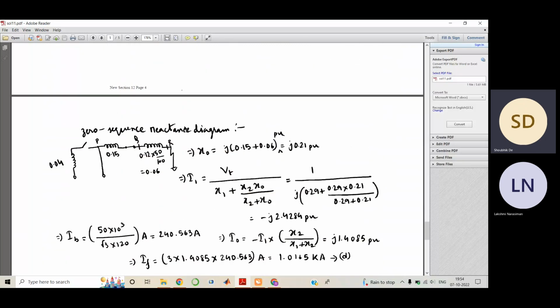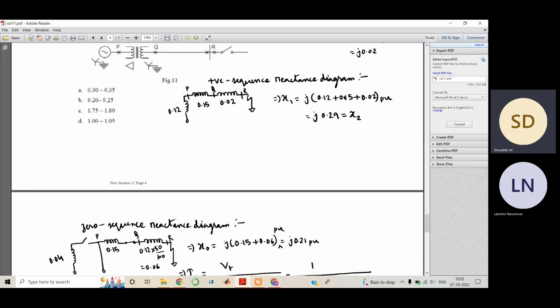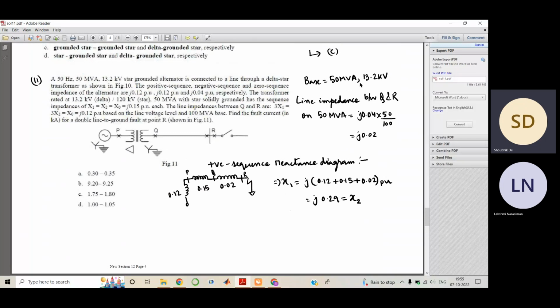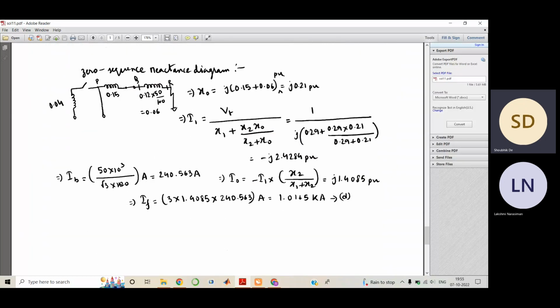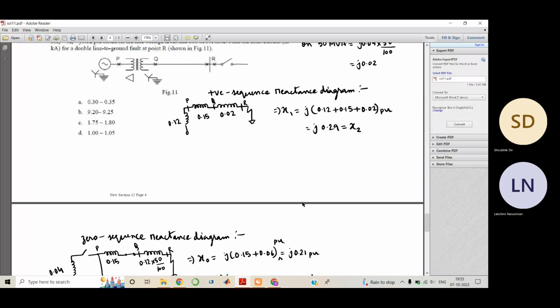That is why the base voltage here, which we were taking as 13.2, now changes, since this is the high voltage side, to 120 kV. Therefore you can't use 13.2 here. So you get 40.563 ampere. As a result, your value is 1.0165 kiloampere, which is option D.